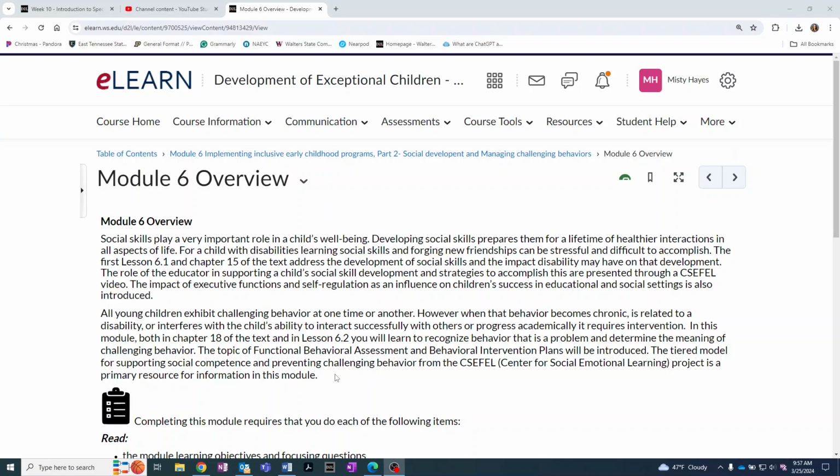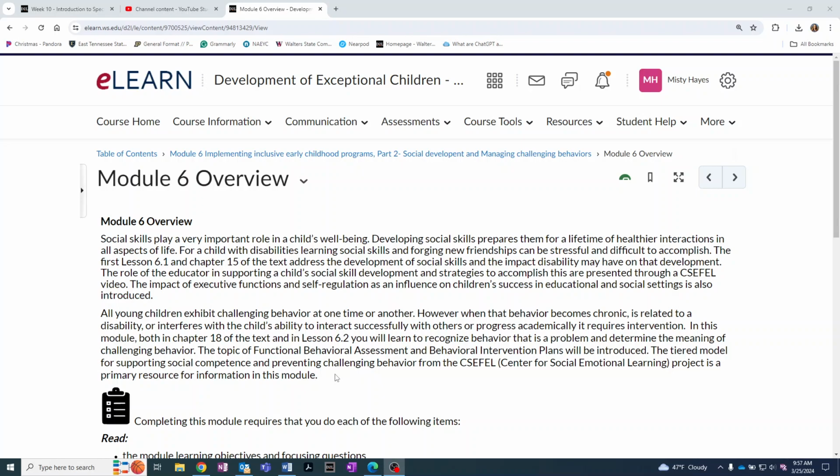So Module 6 also is covering how do we recognize that the behavior becomes a problem, right? What is the why behind the behavior, like finding out why this is happening, determining the meaning of the challenging behavior, and then creating a plan. And how do we create a plan?